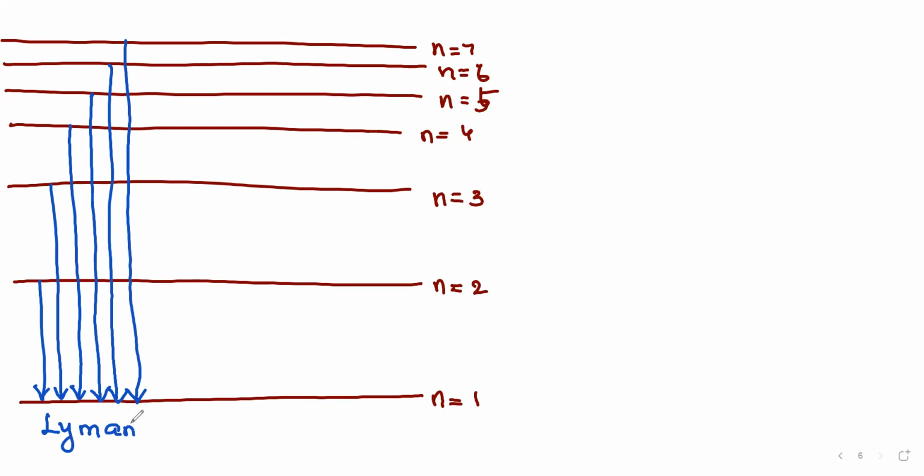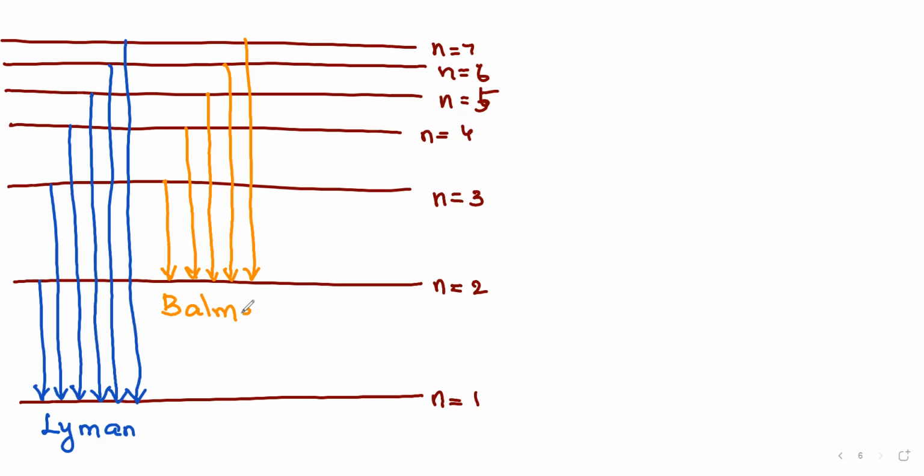It was the scientist Balmer who studied the spectral series called the Balmer series, and he was able to explain it because this was the one which fell in the visible region. So when n is equal to 2, we call it the Balmer series, and the remaining are all in the IR region.